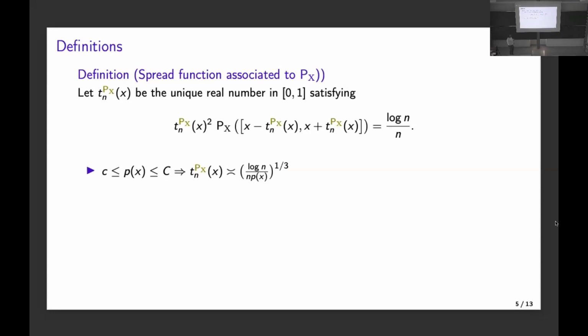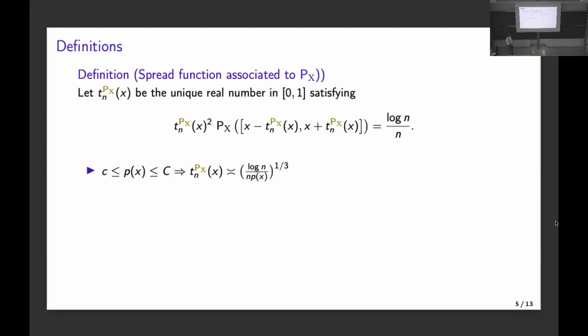So in order to get an idea, one can forget about the first quadratic term and focus on the second one. This is the probability measure of some ball, which in our case is just an interval.